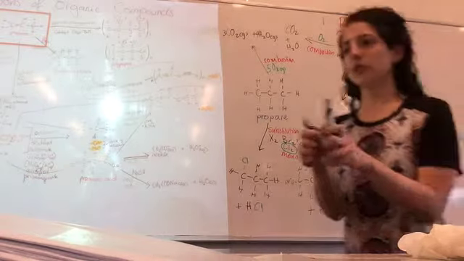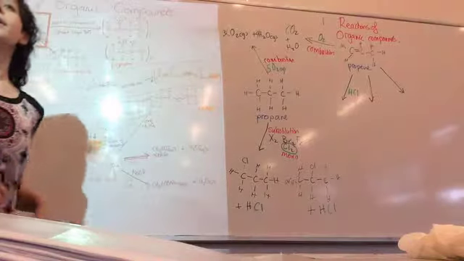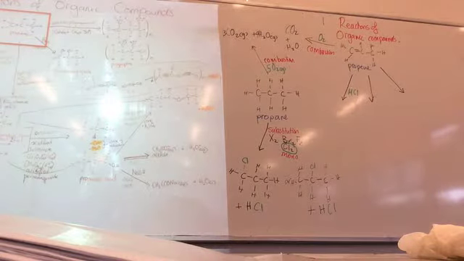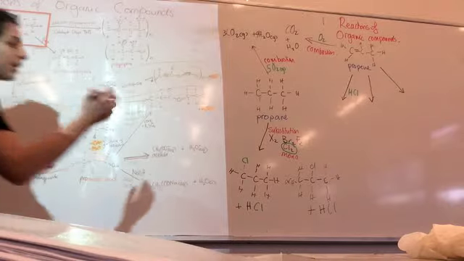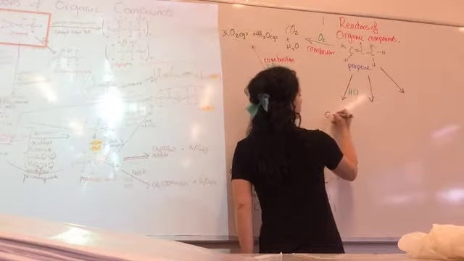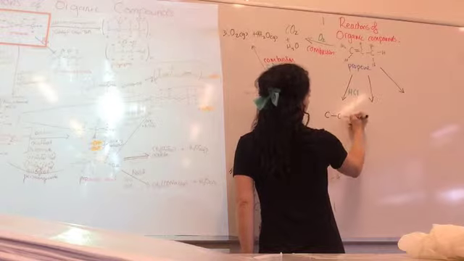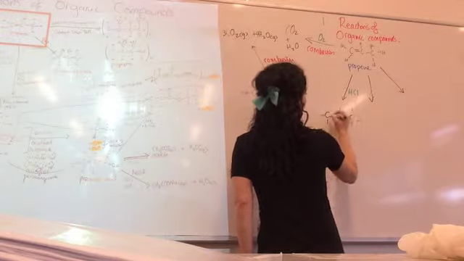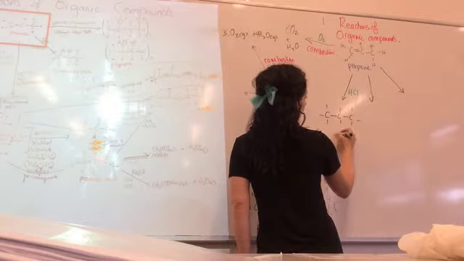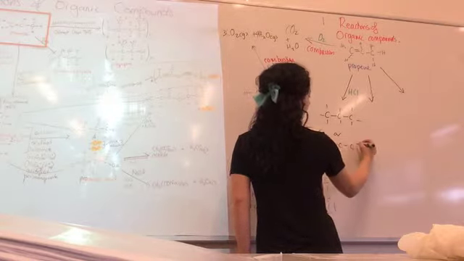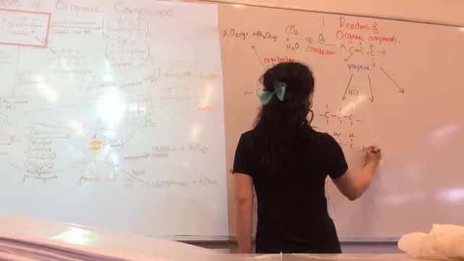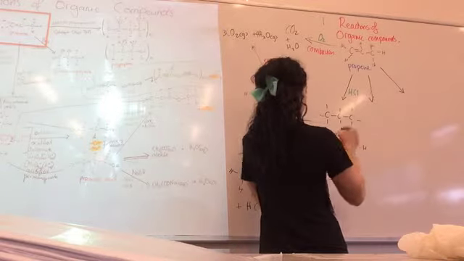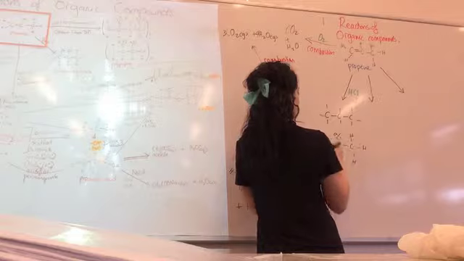Excellent. 1 chloro and 2 chloro. Is there only one product? Yes. It just has two possibilities. Okay, so with HCl, you can produce 1 chloro or 2 chloro. I'm going to fill in the H's in a minute. This is 2 chloro.